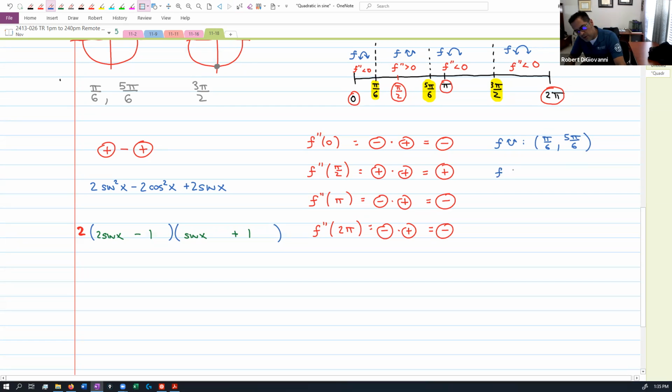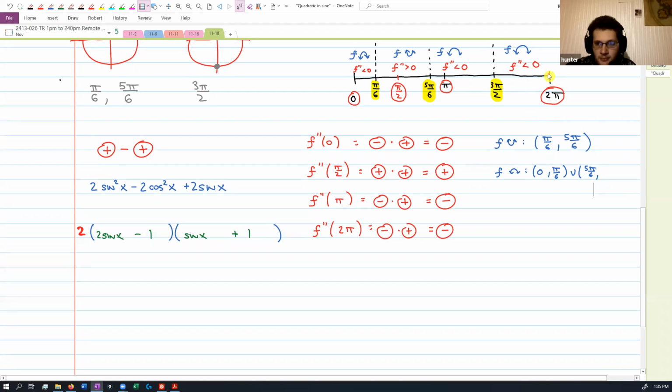The original function is concave down from 0 to pi over 6, and then union that with 5 pi over 6 to, well, doesn't it just stay concave down this whole time? Yeah, it seems like it. And this number is in the domain, so we can use it. So this should just go out to 2 pi.